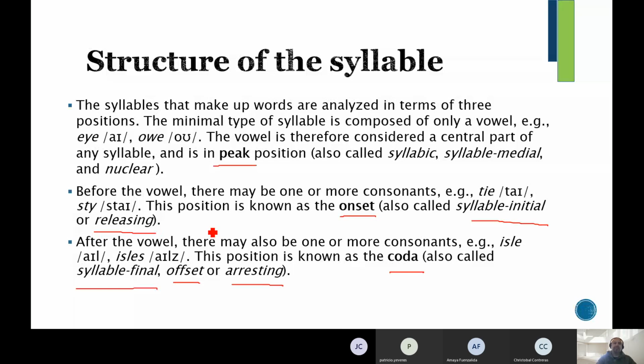The point of mentioning these concepts is that if you read something, you may find that other authors refer to the same concepts of peak, onset, and coda with different terms. But that's okay if you are already familiar with them, you can understand what they are referring to.